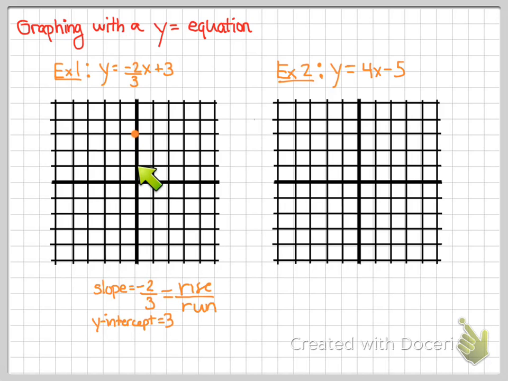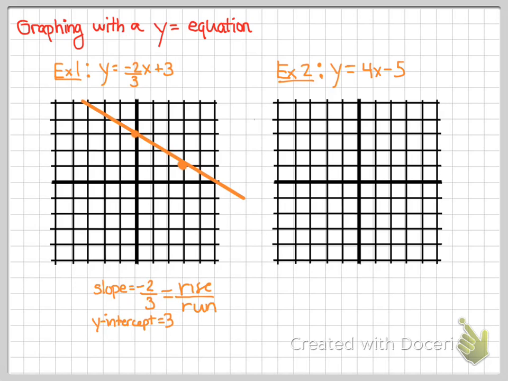And then my run means to move to the right. 1, 2, 3. And that's where my second point will go. Once I have my 2 points, I simply connect them with a line, and I'm done. And I don't have to write the y equals equation because we already had it when we started.